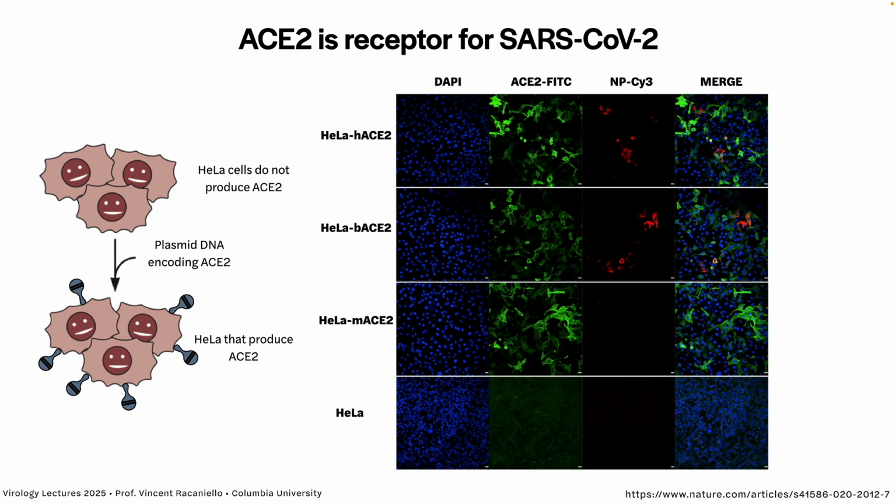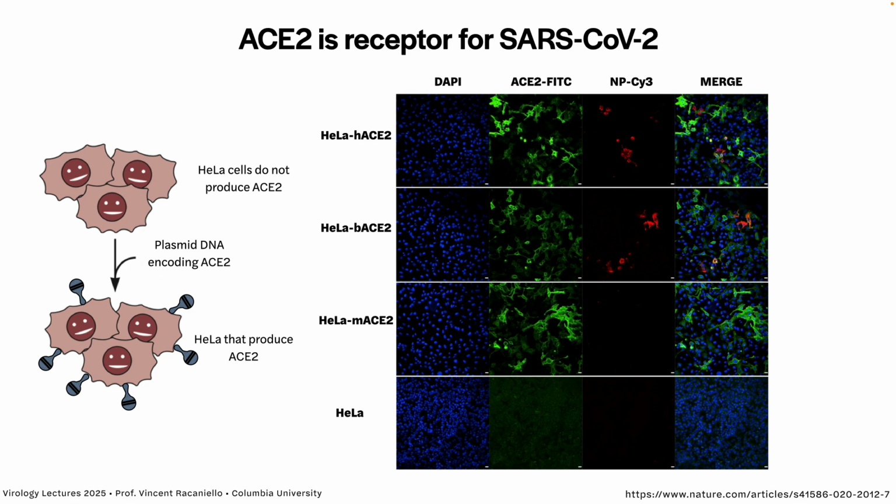So on the bottom here, HeLa cells alone, the blue stain is DAPI, which stains the DNA, so you can see that there are cells there. And then in the second column, we have an antibody against ACE2, which is fluorescing green. And you can see the HeLa cells are negative. And then in the third column, we have an antibody to the viral nucleoprotein, which is fluorescing red. And you can see the HeLa cells are negative. So HeLa cells have no ACE2, and they are not infectable.